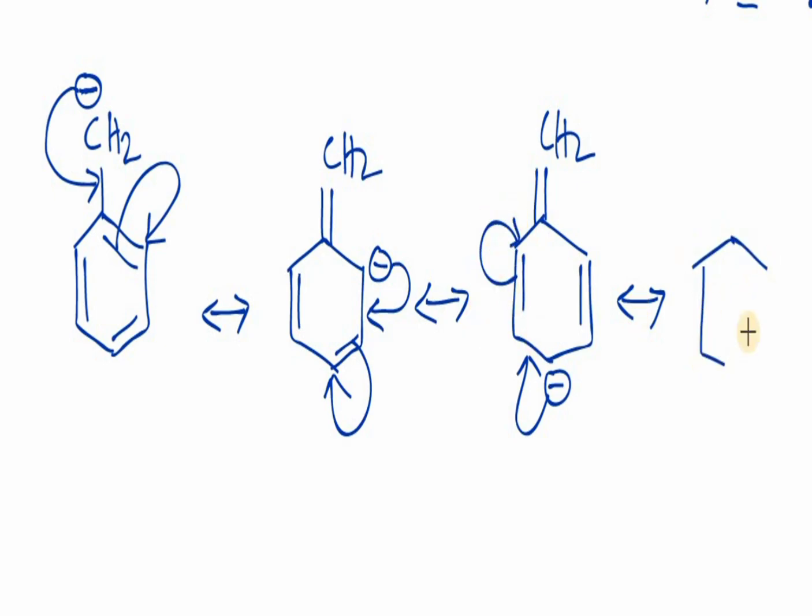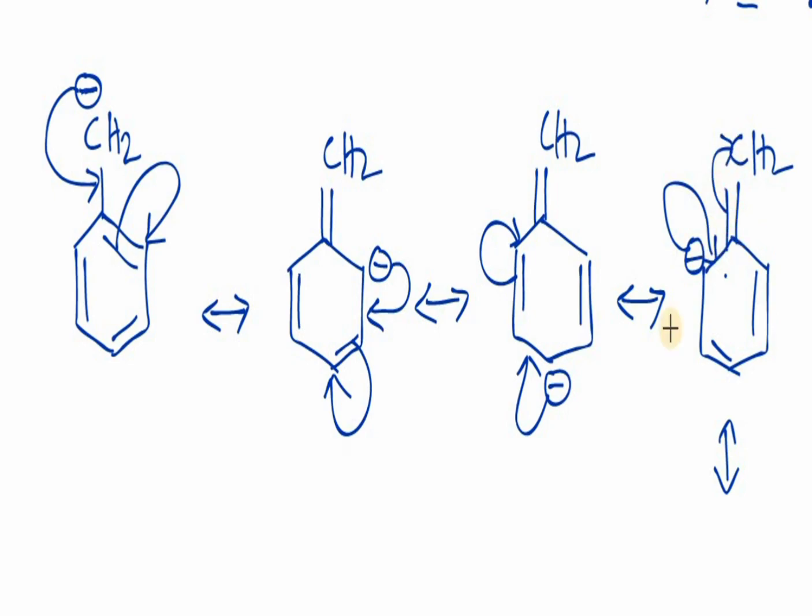CH2, and here we have the negative charge. Done. Here a double bond. So now look here, one more resonating structure I can write: lone pair to bond pair, so this multiple bond will form a negative charge on carbon. Okay, double bond, so here a double bond.